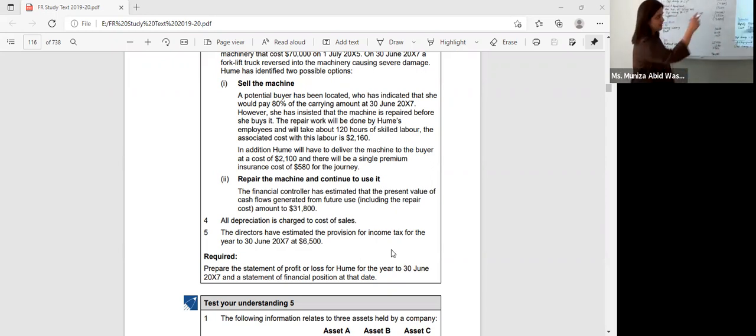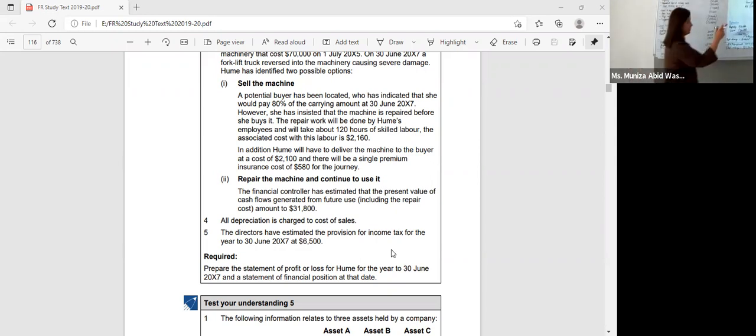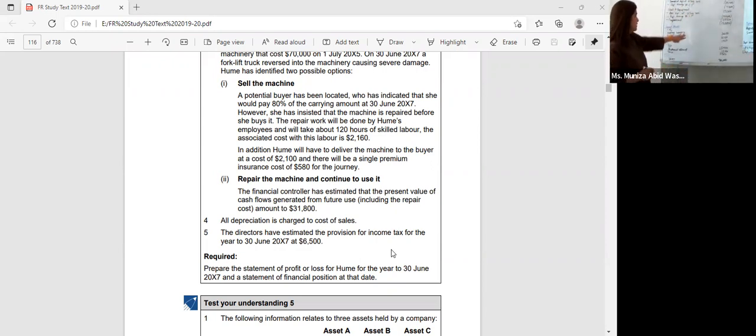Clear? Now calculate the profit or loss from over there. If it's a profit, you add it over here. Write the final answer here, and your assets should be equal to the sum of your liabilities and equity.